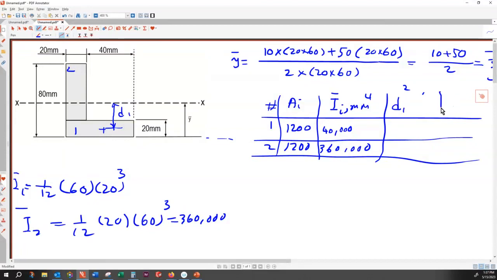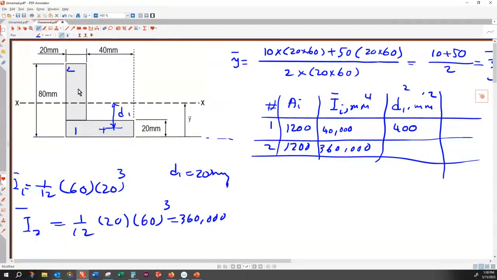That is the penalty we pay for using the table value. This is from the parallel axis theorem. D1 is 30 take away 10, that is 20 millimeter. That squared is 400 millimeter squared.